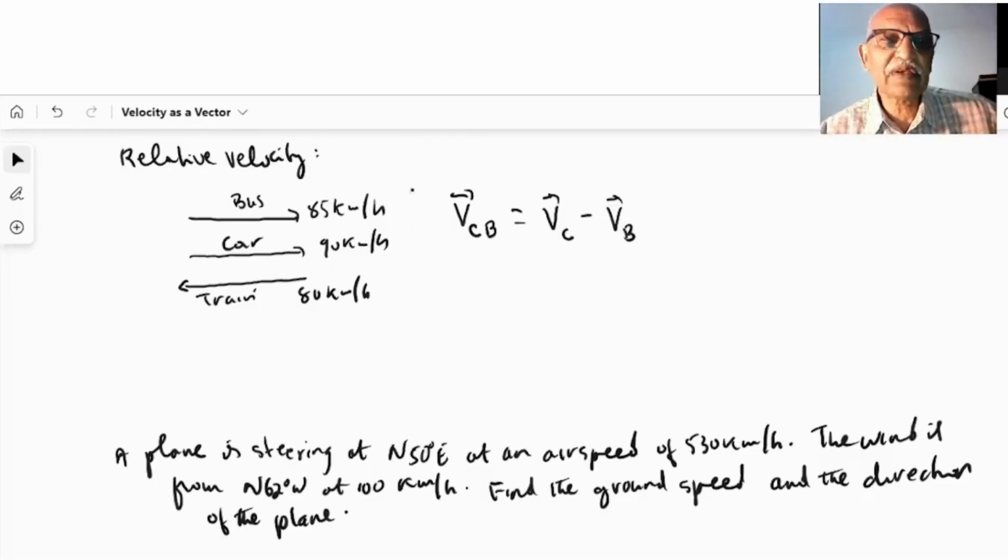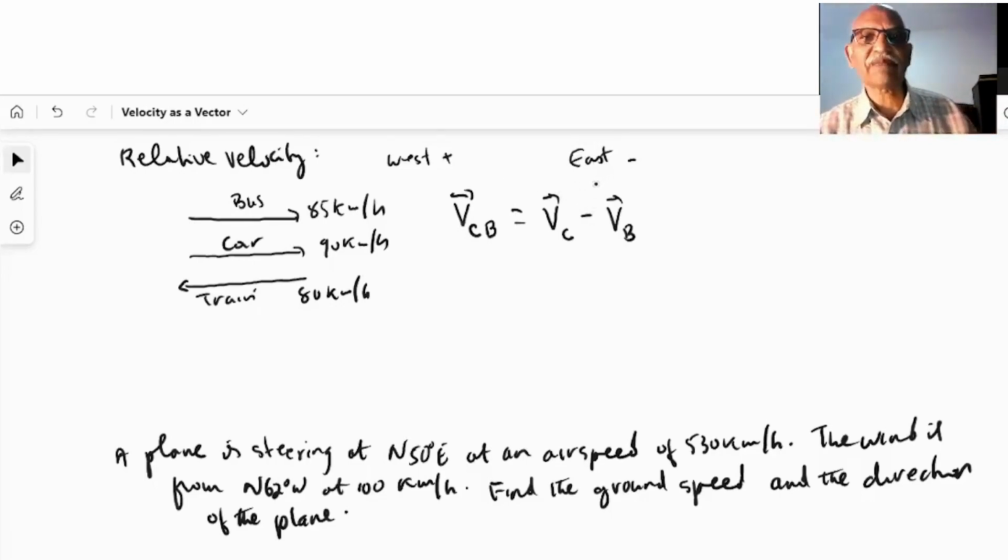By convention, let's take west as positive and east as negative. You can take anything you want, you can do the opposite one too, as long as you follow your convention. East as negative and west as positive.